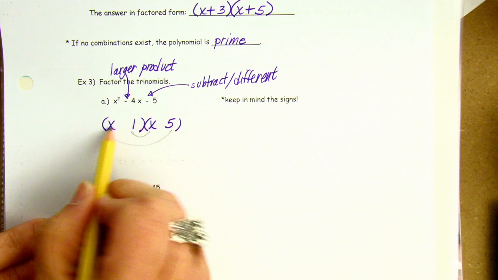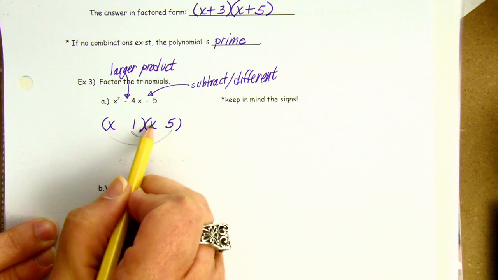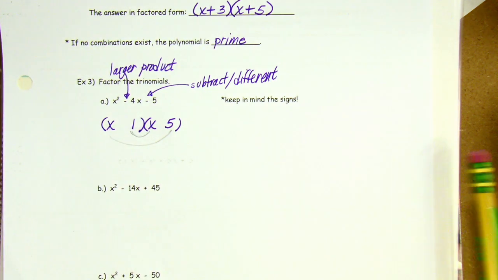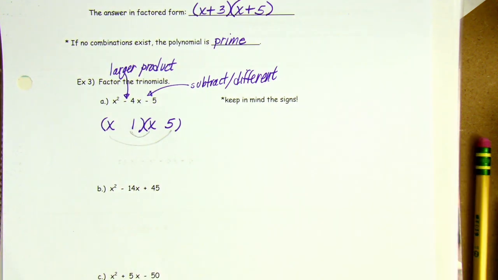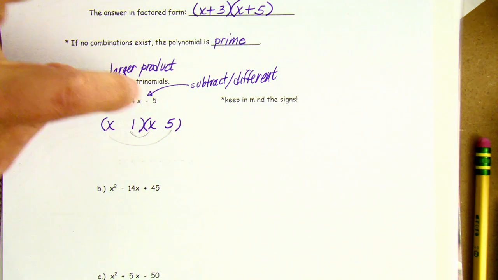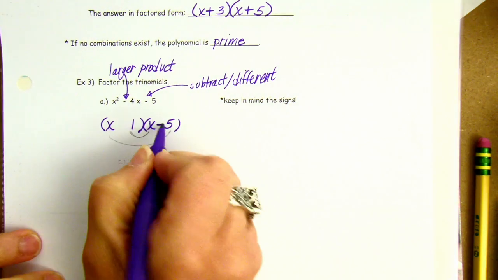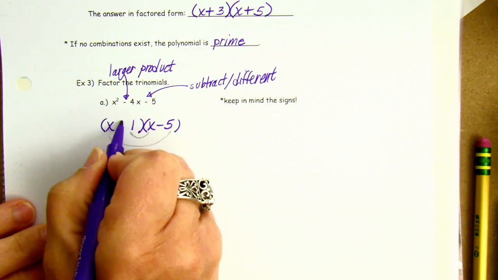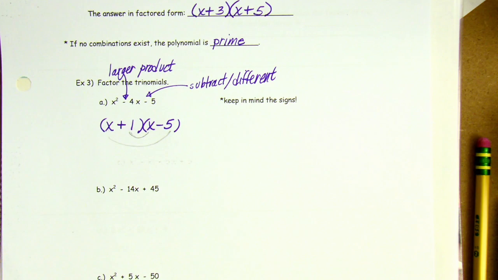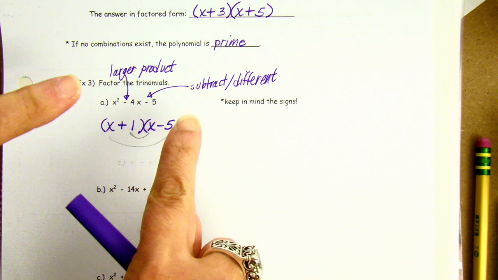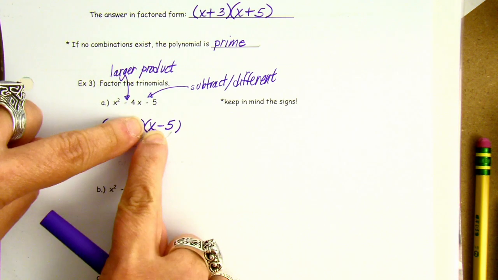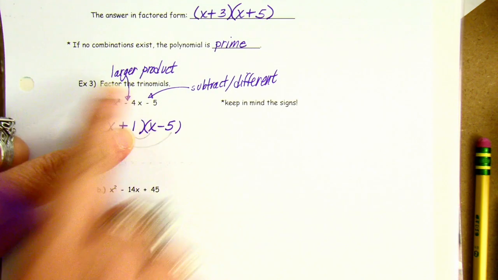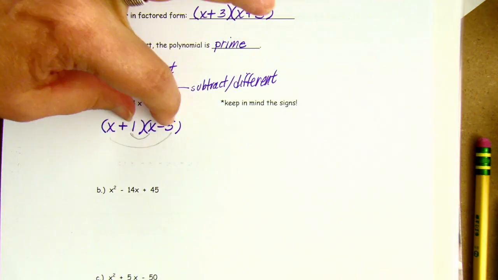X times 5 is 5x. 1 times x is 1x. What's bigger? Well, 5x is bigger. So the 5 has to get the subtraction. And by default, the 1 gets the addition because the signs are different. And you can check it by FOIL. This is x squared. This is subtract 5x, add 1x. When I subtract 5x and add 1x, I do get negative 4x. And positive 1 times negative 5 is negative 5.